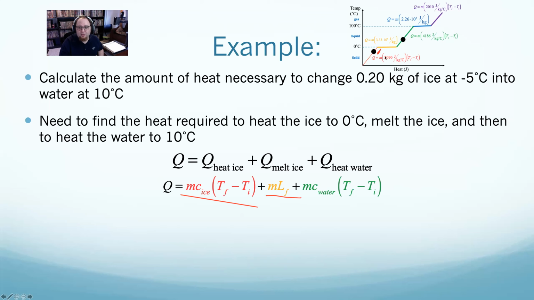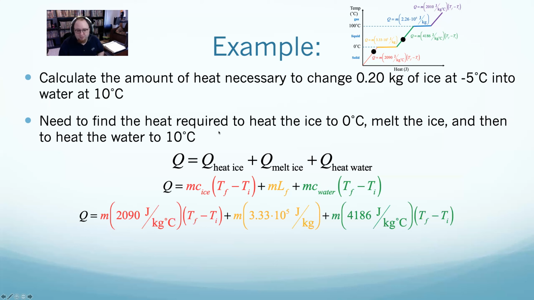I have another equation just for melting, and a third equation to get from 0 to 10. I need to split it up in pieces because each phase has its own equation. Now I could go straight to the version with the constants in it. My diagram in the upper right does have the constants in it, so let's go to that version of it.